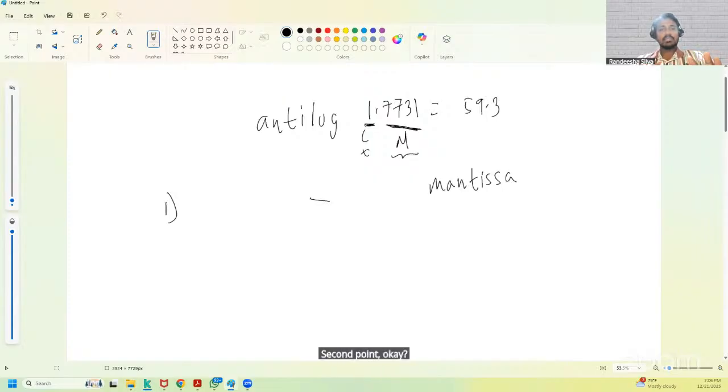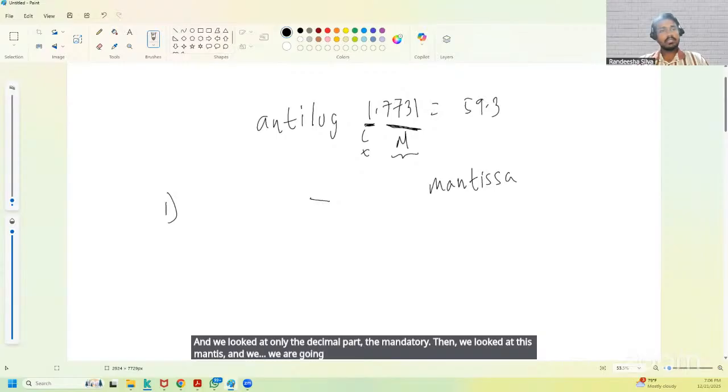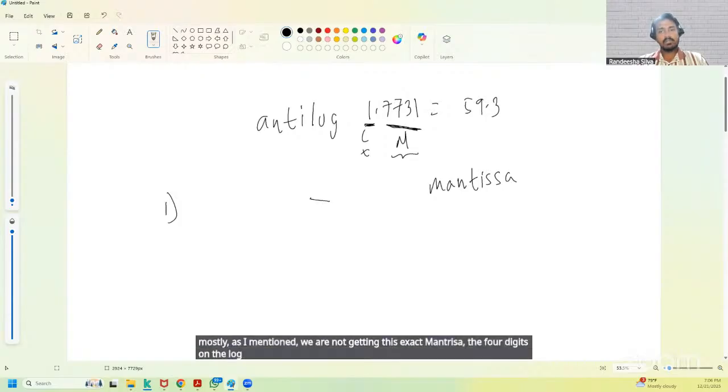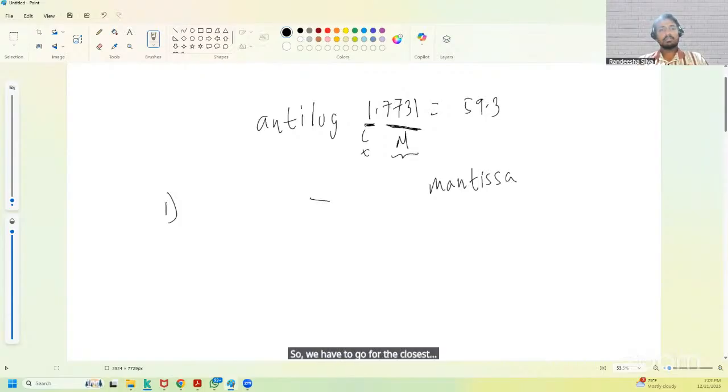Then the third one. In the first one, we ignored the characteristic and looked at only the decimal part, the mantissa. Then we are going to search that mantissa on the logarithm table. Mostly we are not getting the exact mantissa, so we have to go for the closest number to your mantissa, but a smaller one, not the greater. So the third point is identify digits.